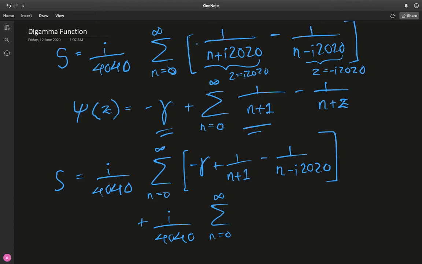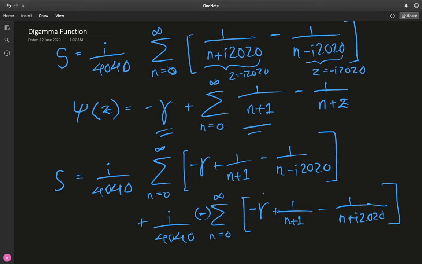But notice that this does not have the negative that we need in our original definition, so we have to multiply by an extra negative, and again negative Euler-Mascheroni plus 1 over n plus 1 minus 1 over n plus i times 2020.